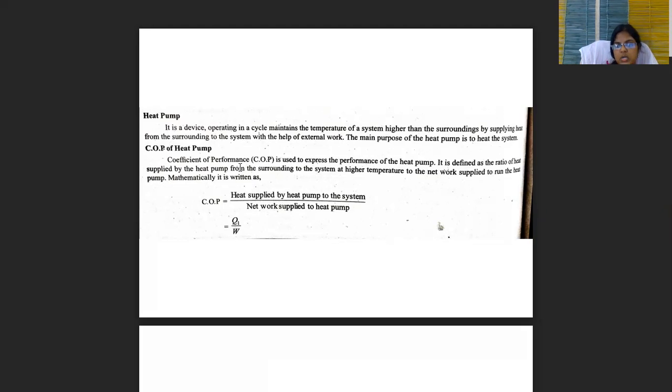So what is the definition? It is defined as the ratio of heat supplied by the pump from the surroundings to the system at higher temperature, to the net work supplied to run the heat pump.